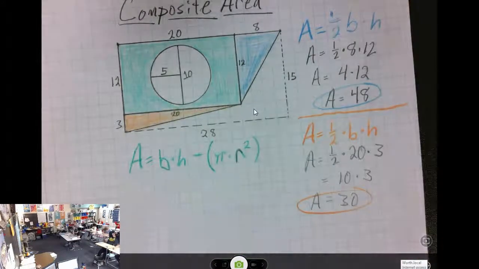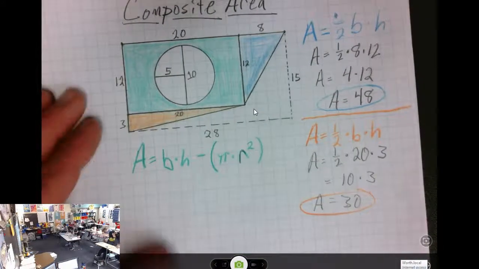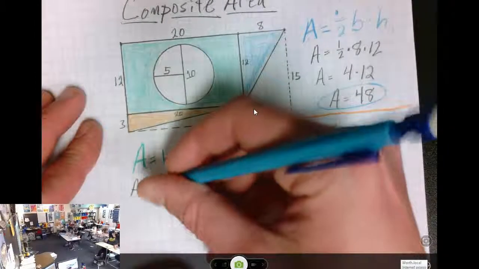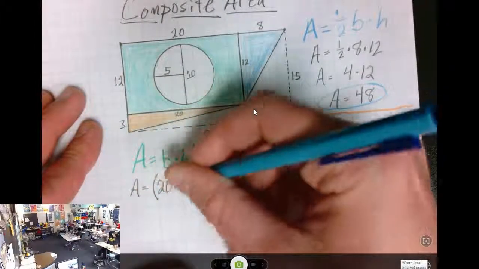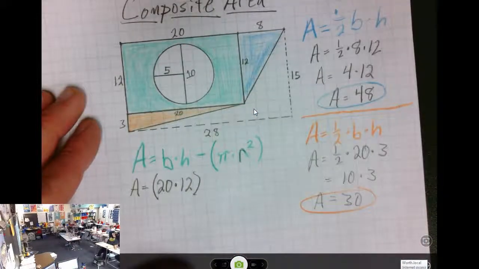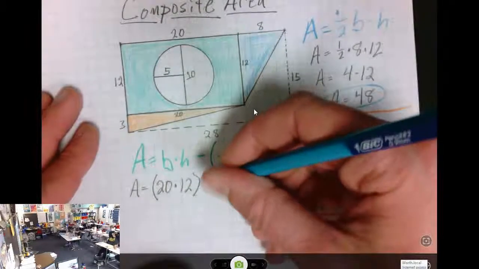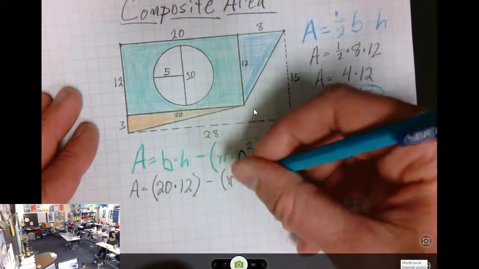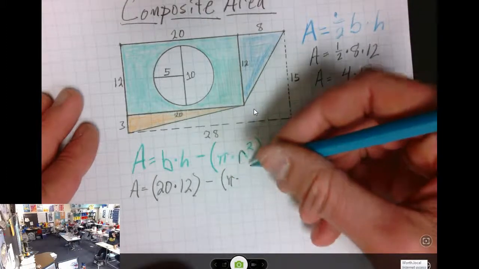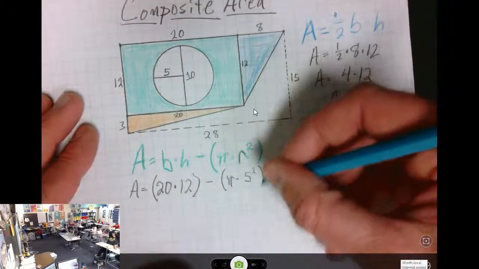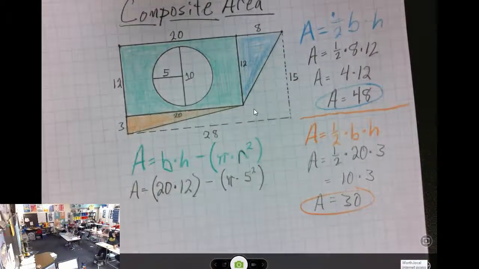So now I'm going to write my work in there. Guys, if you haven't done this yet, please do this along. 20 times 12, the dimensions of my rectangle, right? Minus pi, we know pi. Pi times 25. What is our radius? So I'm going to write out the work, but I agree with you. Our radius is 5, so we put in 5 squared.